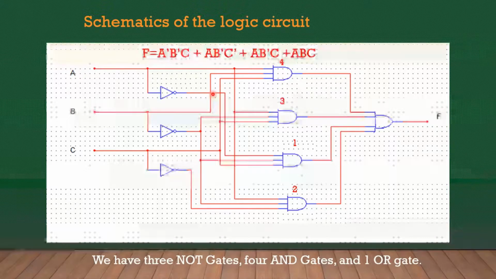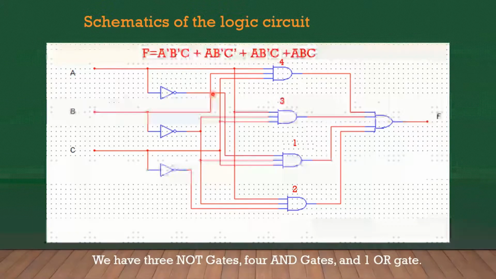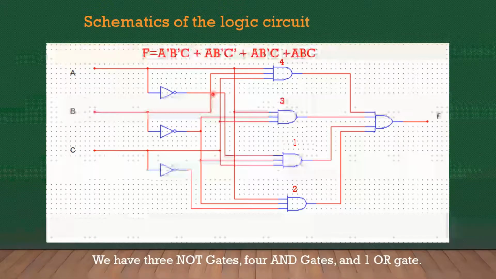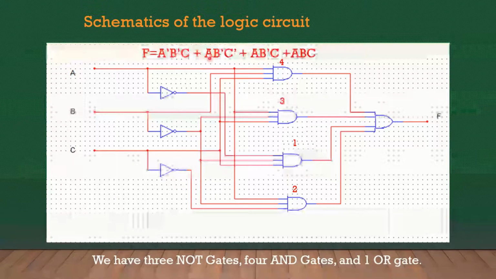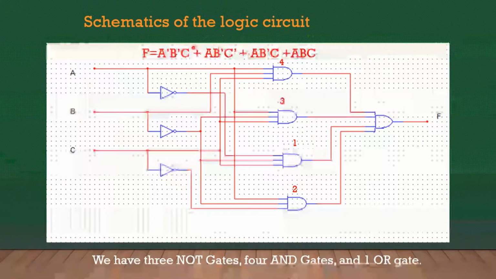Then let's see after simplification using Boolean algebra. Let us simplify first with Boolean algebraic expression simplification. How do we do that? First we try to find some common terms, like here I can see B naught C and B naught C, so that we can simplify the expression.